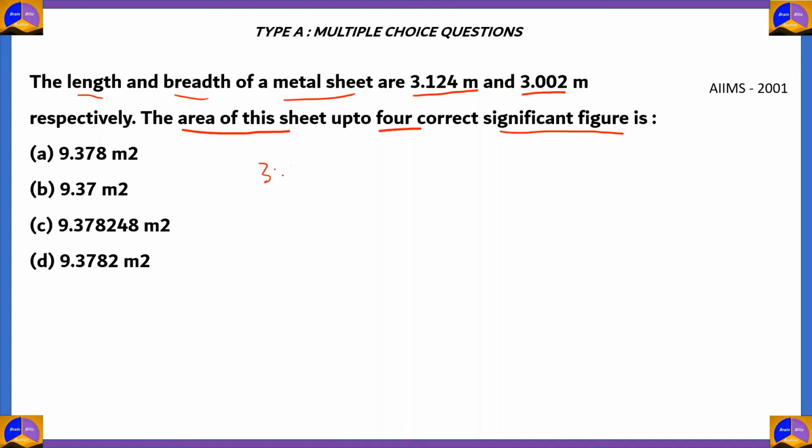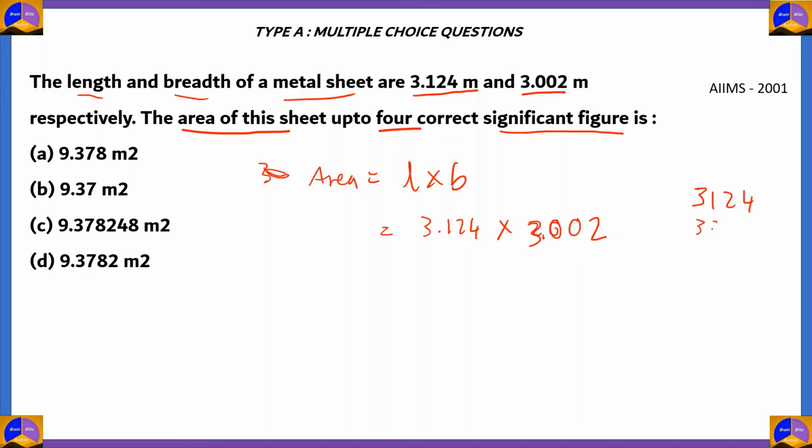So first things first, area is length into breadth. So that is 3.124 times 3.002. So in order to make our calculation simpler, I just removed the decimal point and started multiplying here.